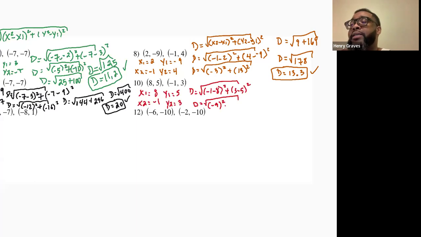Means my distance is going to be the square root of 81, because 9 squared is 81, plus 4. So my distance is going to be the square root of 85. Means my distance is going to be a little more than 9. Yeah, 9.2 to be exact.